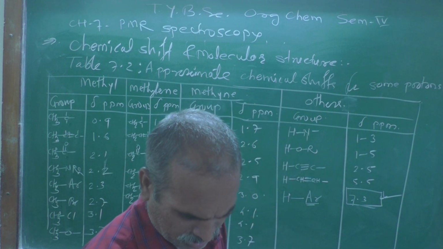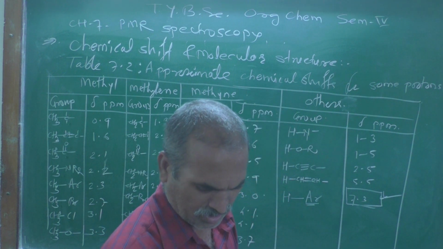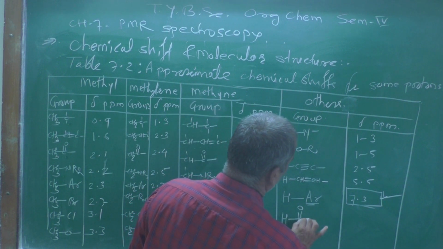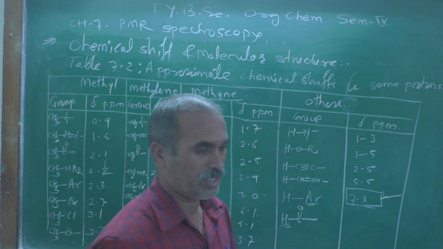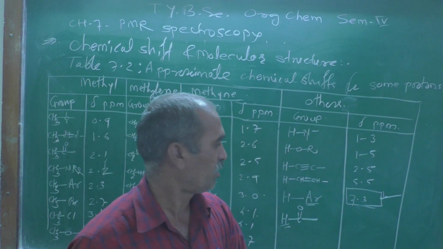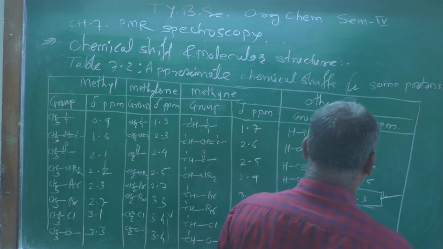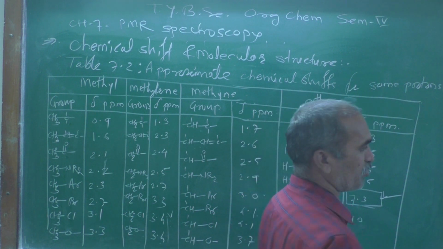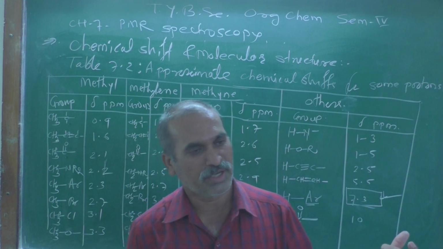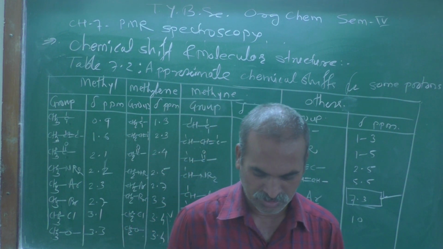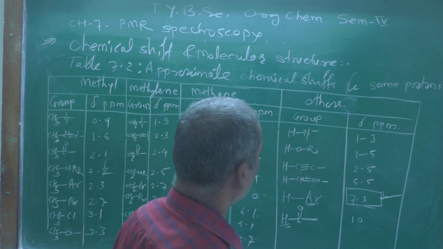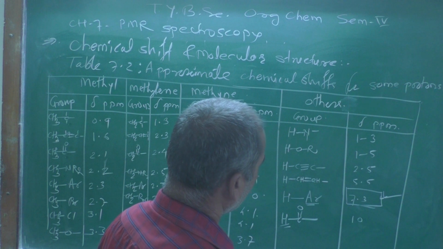Now let us see one more, H C double bond O. This is the aldehydic proton, and as we know, the aldehydic proton is very de-shielded, and the chemical shift value is found to be around 9 to 10 ppm. So that is the indication of the presence of an aldehydic proton.